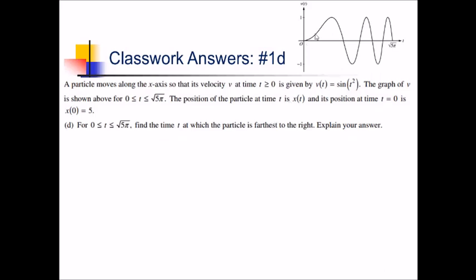I definitely have to test the endpoints, and I'm also going to have to test critical values, places where this velocity function equals 0. But it turns out I don't have to test all the critical values, only the ones where I'm changing from positive to negative, the local maxes. Local mins we don't really need to test, because if you're a local min, that means you're smaller than the values around you, which means you can't be the biggest value on the whole graph.